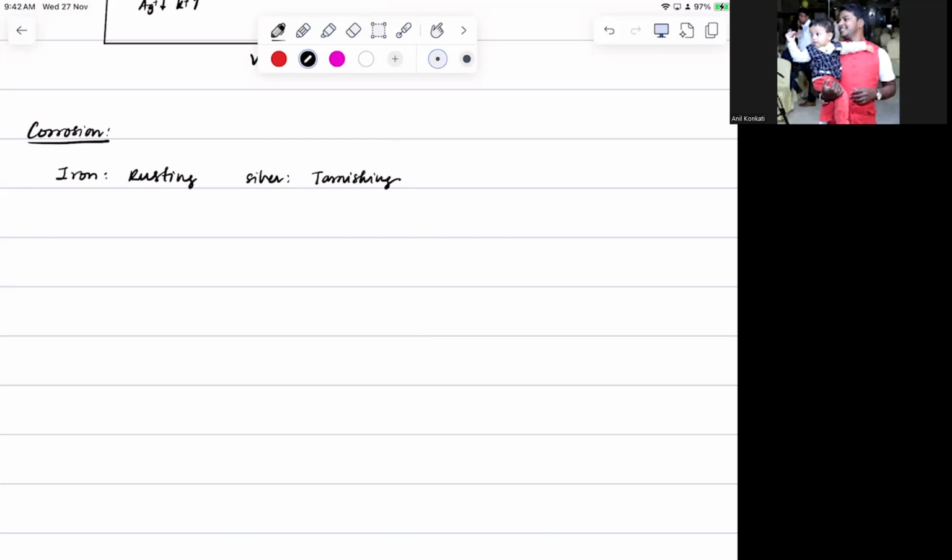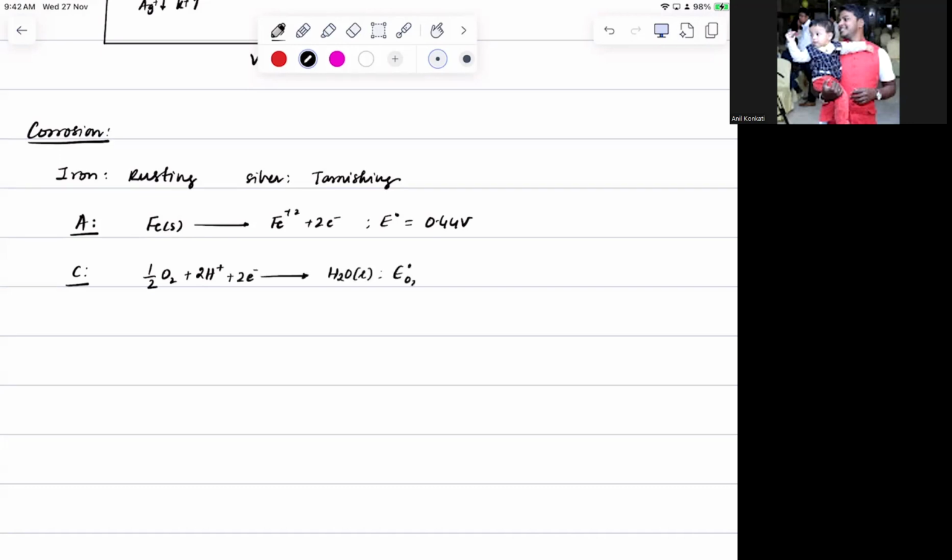So the anode reaction that will take place is iron getting oxidized to Fe2+ plus 2 electrons, and E naught value for that is 0.44 volts. And at the cathode, you will see half O2 plus 2H plus. This H plus is coming from the acidic medium in the atmosphere, and it will accept these electrons to get into H2O.